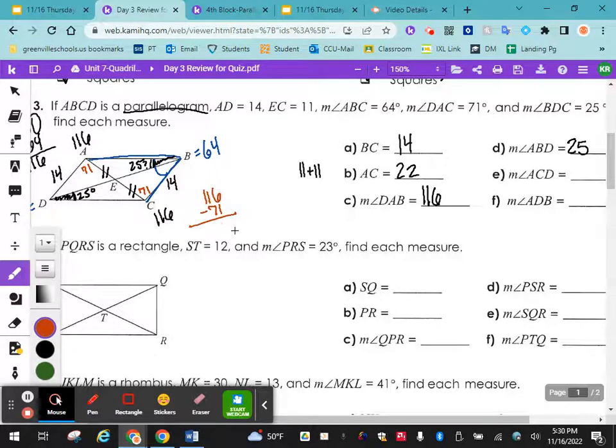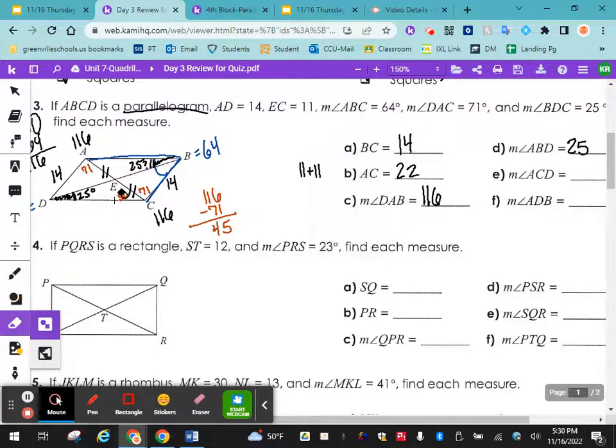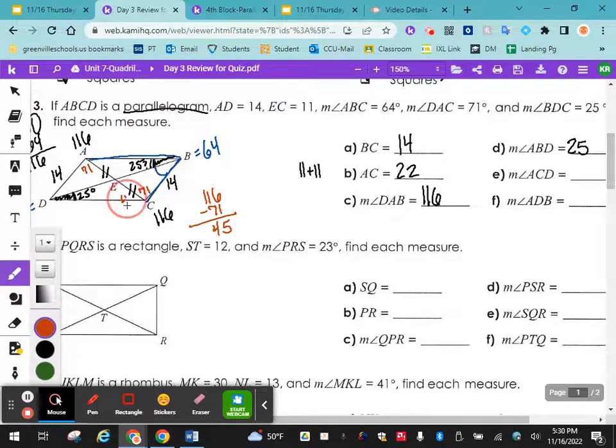To find the part we need, we just subtract. So this side has to be 45, and by alternate interior angles, this side also has to be 45. So ACD is 45 degrees. If it has an angle, it should have a degree mark.